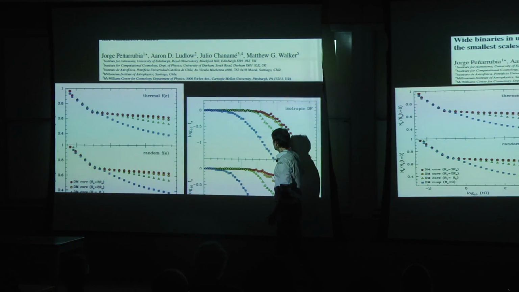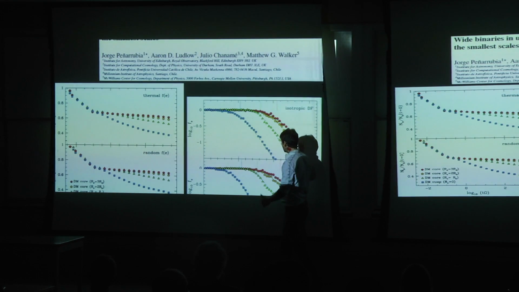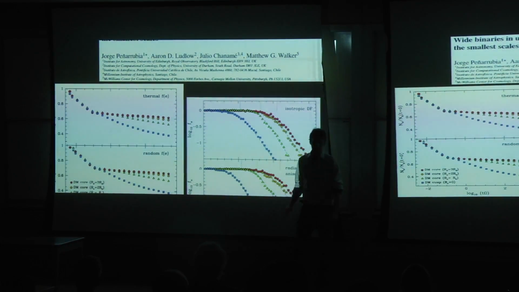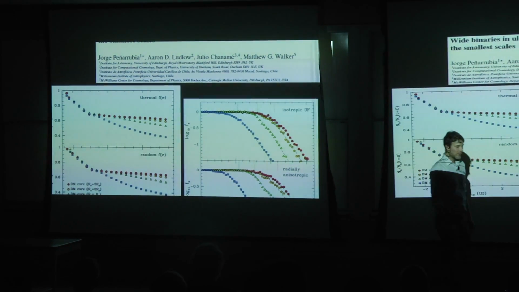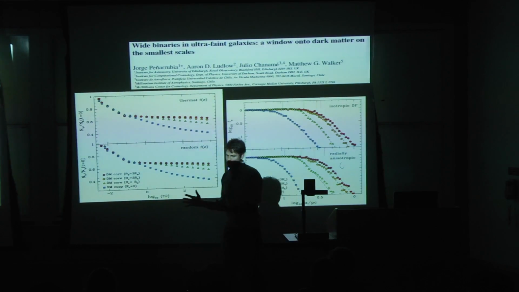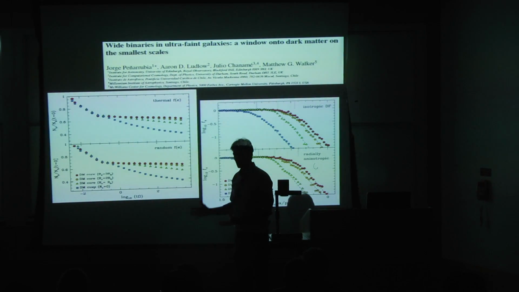The wide binary separation function is truncated down to much smaller scales in an NFW halo compared to a uniform density halo. So this shows that wide binaries are sensitive to both the NFW versus core cuspiness of a halo and the presence of subgalactic dark matter halos.